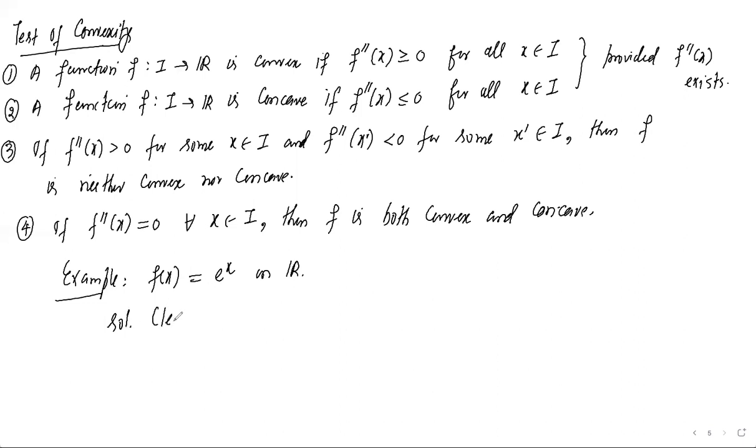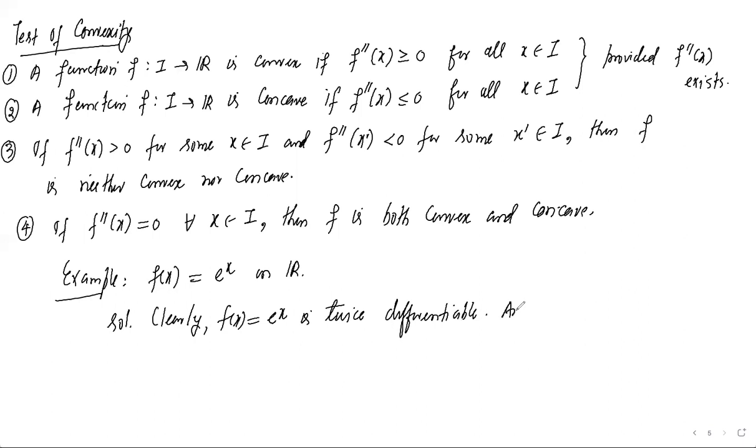So clearly, f of x is equal to e power x is twice differentiable. We just need it to be differentiable 2 times. In fact, every derivative exists here.